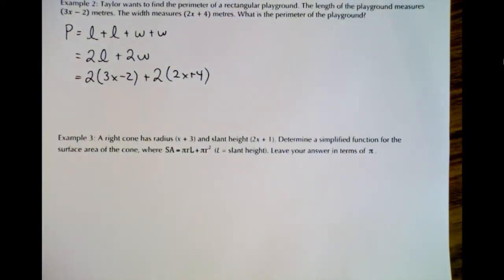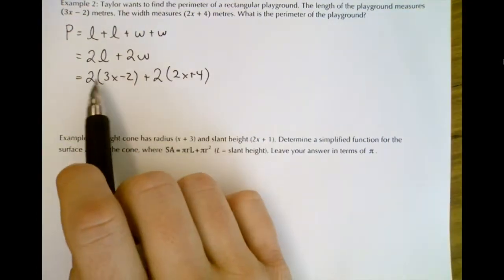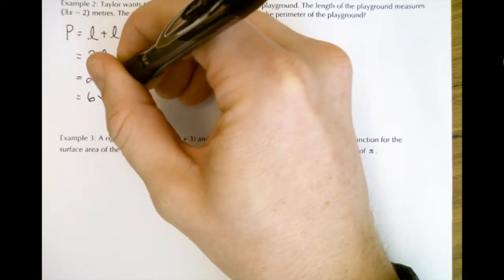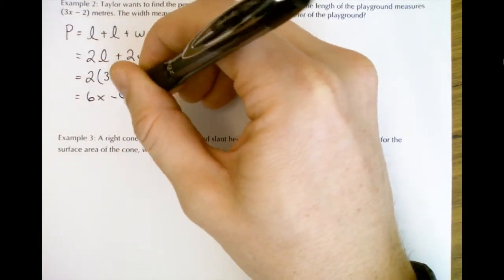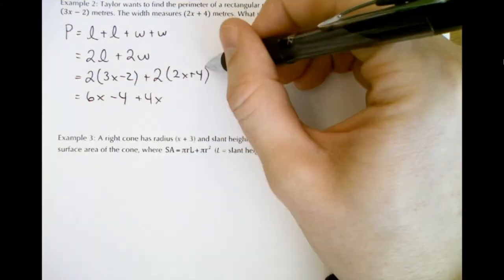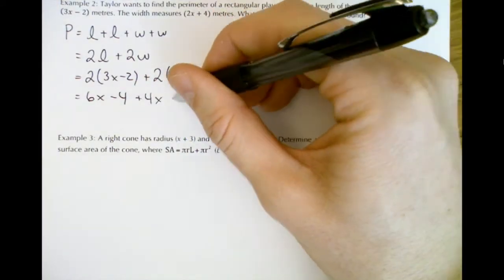How do we find the final expression? Well, we expand and collect like terms. We've got 2 of each of these terms. So we've got 2 times 3x, which is 6x, and 2 times negative 2, which is negative 4. Then we've got 2 times 2x, which is 4x, and 2 times positive 4, which is positive 8.